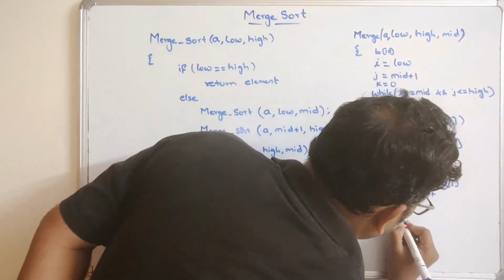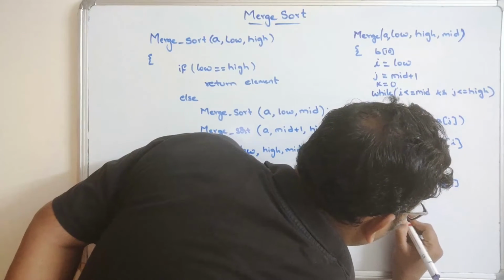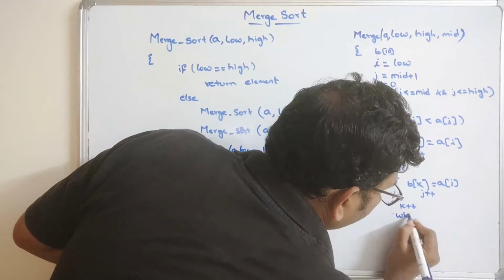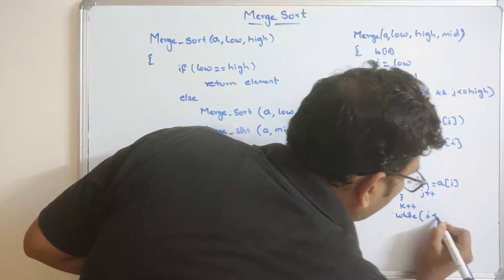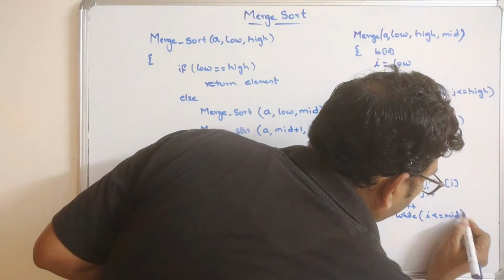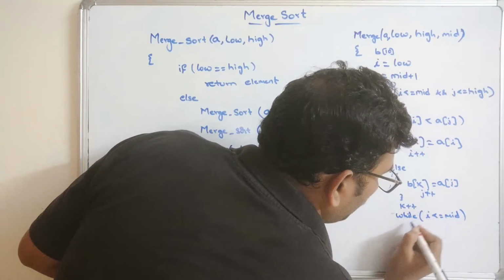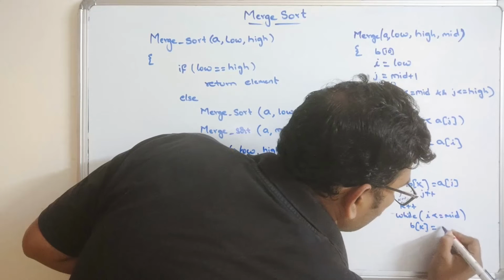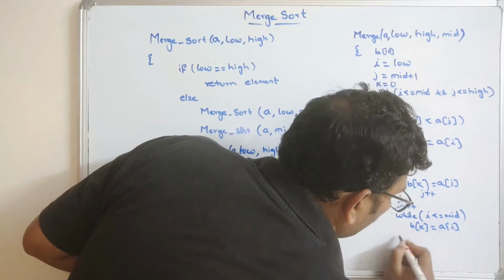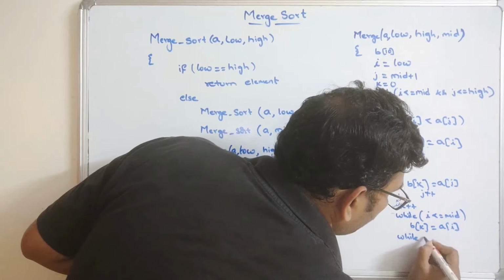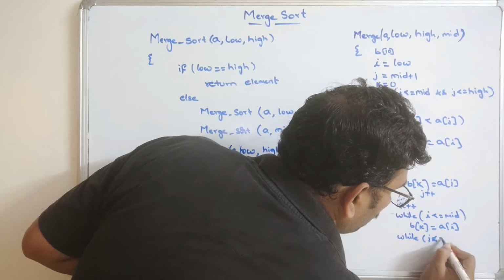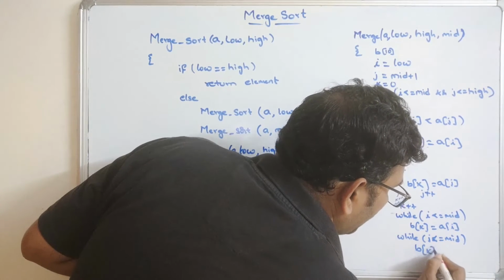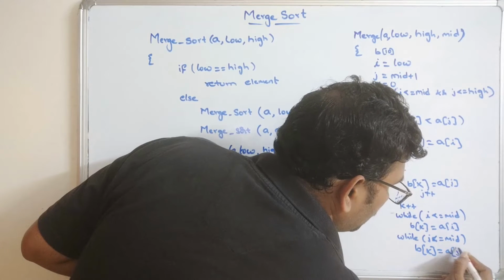For that we can simply write loops. While i is less than or equal to mid, b of k is equal to a of i. And one more: while j is less than or equal to high, b of k is equal to a of j.